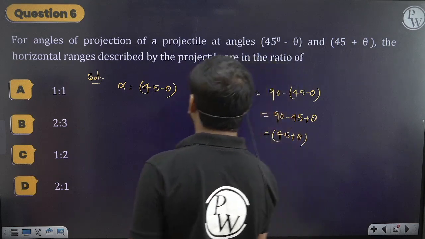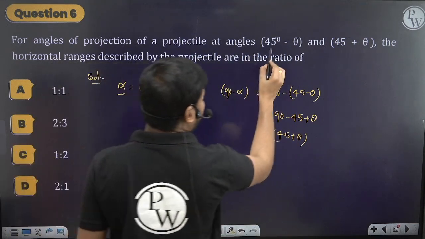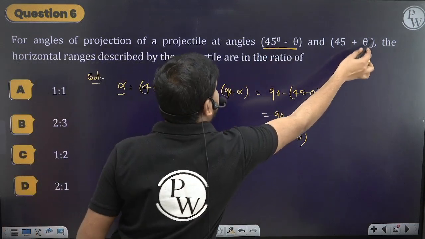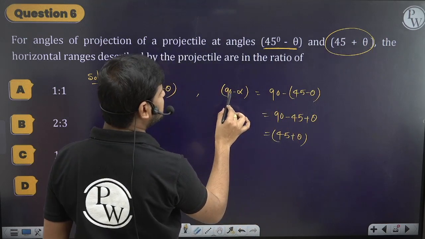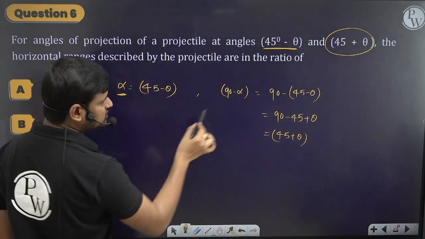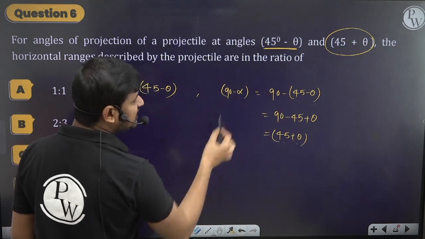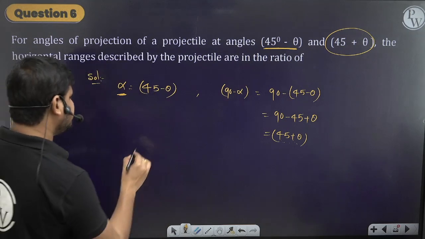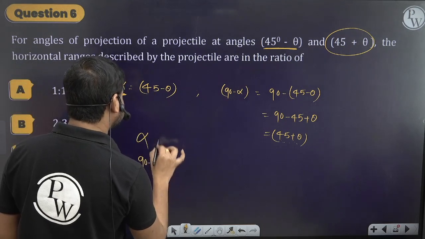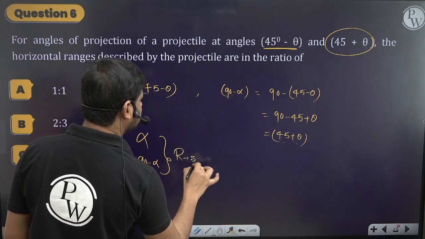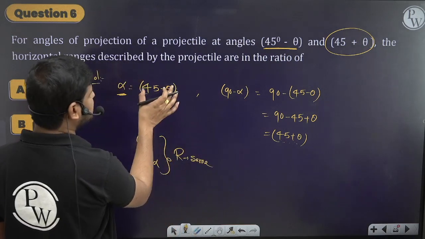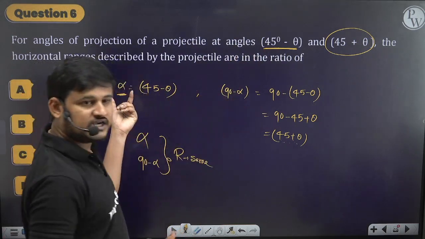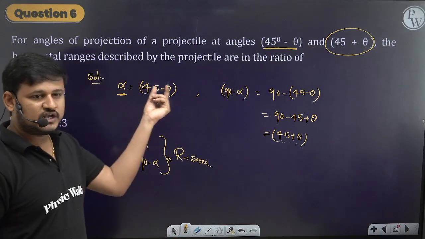If I consider 45 minus theta as alpha, then 45 plus theta is nothing but 90 minus alpha, right? So for alpha and 90 minus alpha, the range will be the same. Since theta is already given, I consider the first given angle as alpha and then check what 90 minus alpha is.